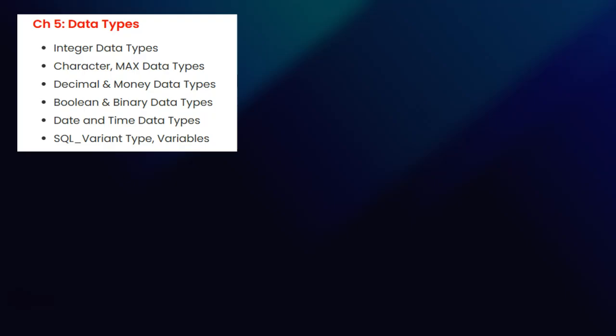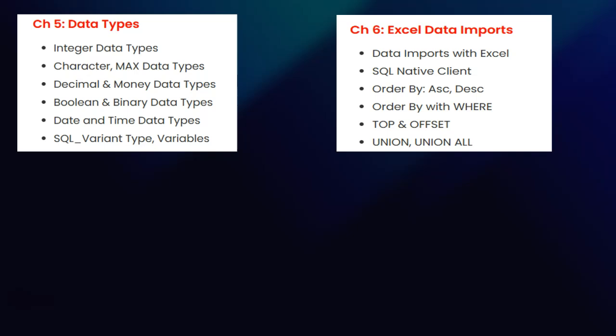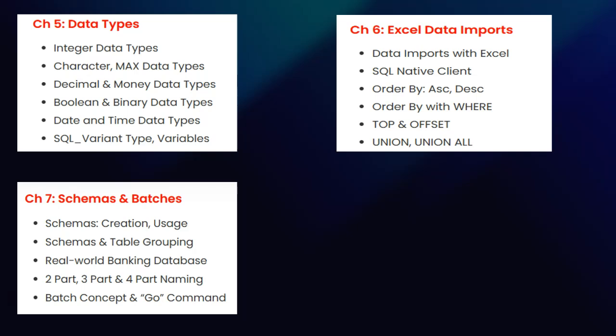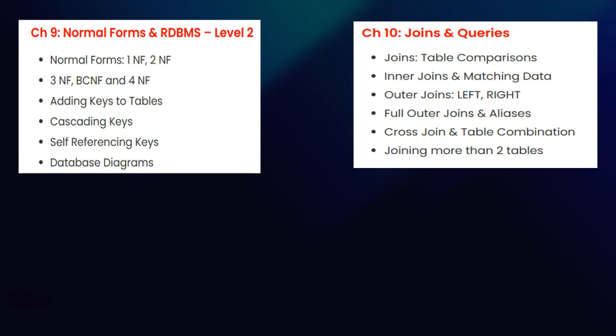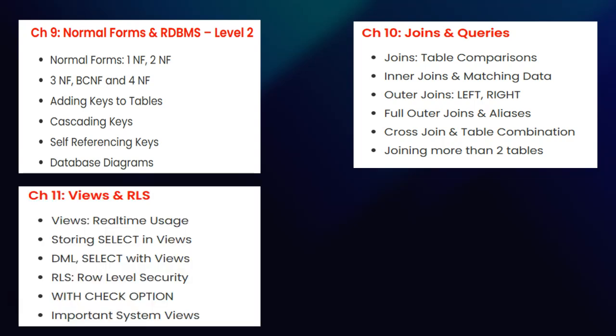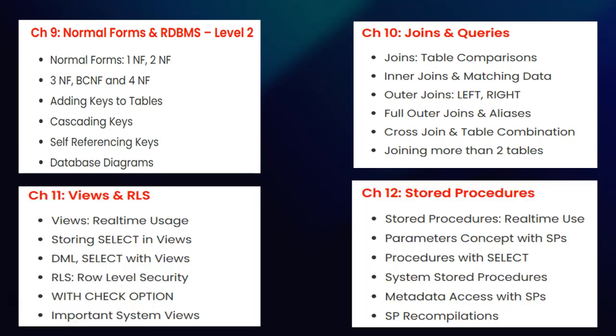Then we will teach you data types, data imports with top, offset, union all, schemas, batch processing, and constraints with RDBMS concepts. Additionally, we will teach you normal forms, joins and queries, views and row level security, and stored procedures.